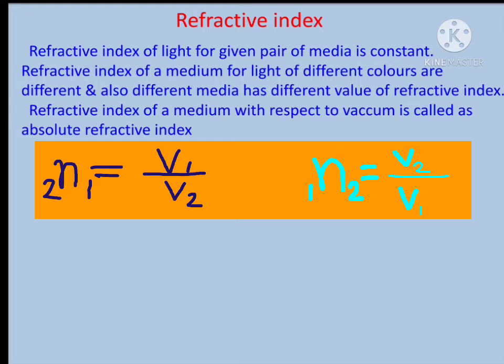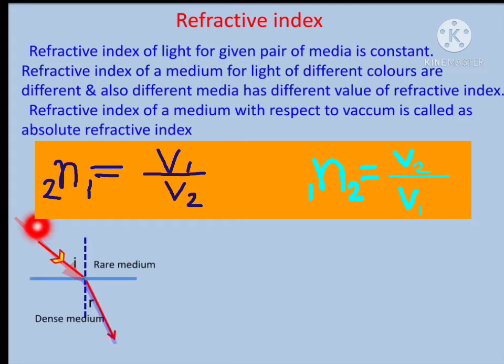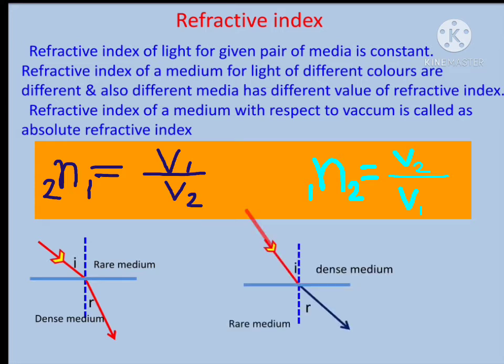Now the refraction of light in different media. Suppose a light ray coming through a rarer medium enters into a denser medium, then the refracted ray turns closer to the normal. And if a light ray coming through a denser medium enters into a rarer medium, then the refracted ray goes away from the normal.